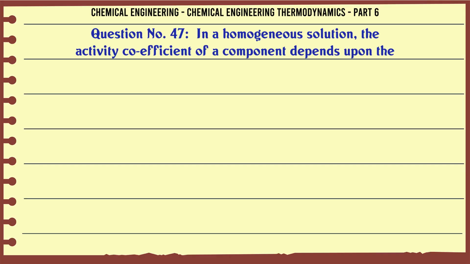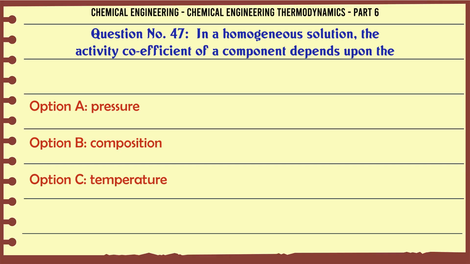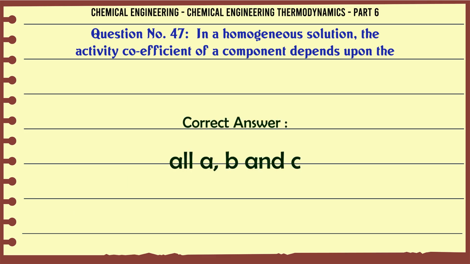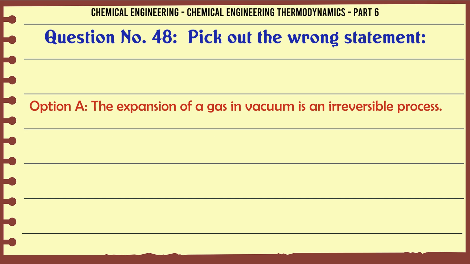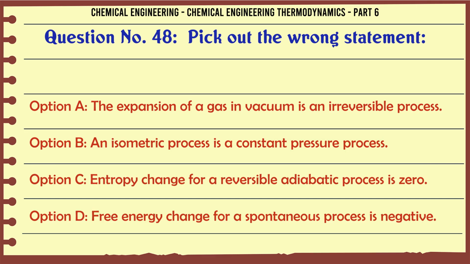In a homogeneous solution, the activity coefficient of a component depends upon the A. pressure, B. composition, C. temperature, D. all A, B and C. The correct answer is all A, B and C. Pick out the wrong statement. A. The expansion of a gas in vacuum is an irreversible process.